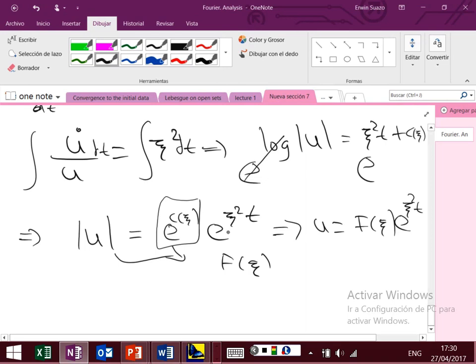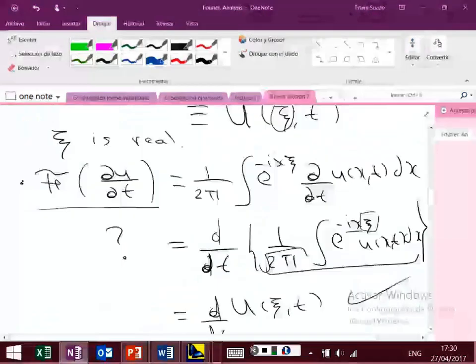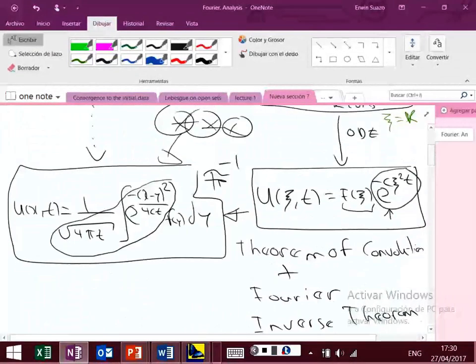I wanted to eliminate the absolute value, so I just make a new constant and call it f of theta. It could be positive or negative. So I eliminate the absolute value, and then this is my big U, and that's this box. Okay, so done with that part.